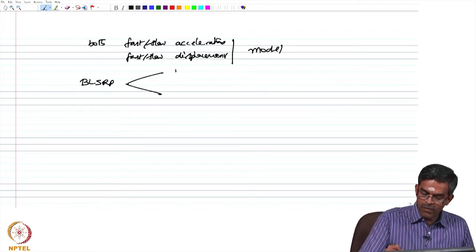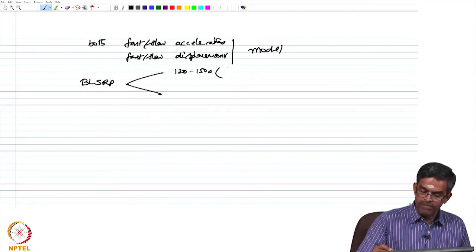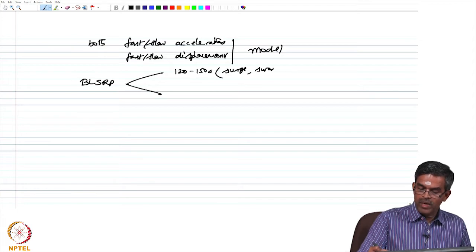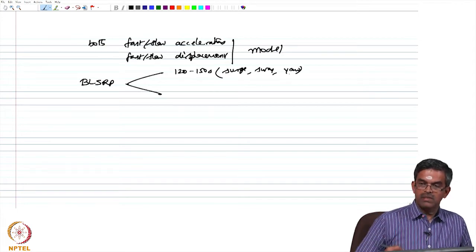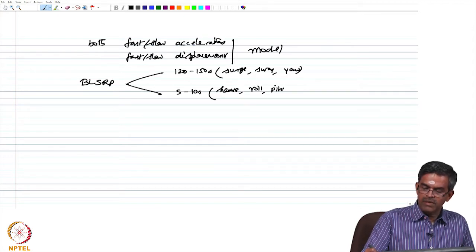One period will vary from 120 to 150 seconds, which is very high, at surge, sway and to some extent yaw degrees, whereas 5 to about 10 seconds will happen in heave, roll and pitch degrees of freedom.